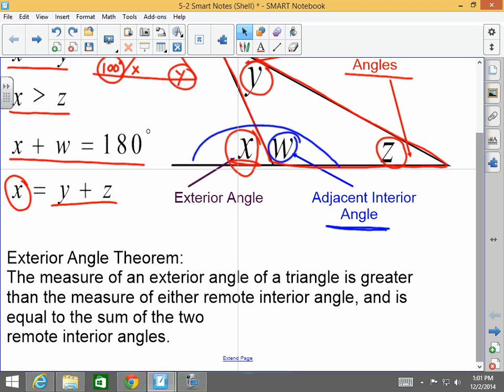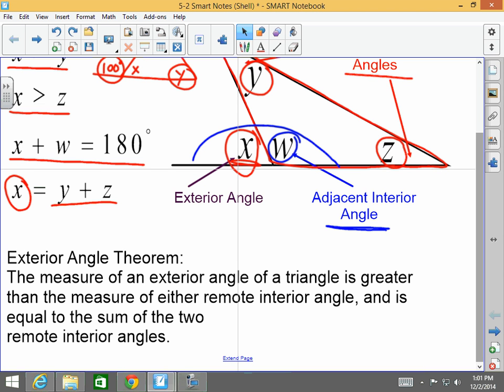And the exterior angle theorem, which I already stated, states that the measure of an exterior angle of a triangle is greater than the measure of either remote interior angle and is equal to the sum of the two remote interior angles.